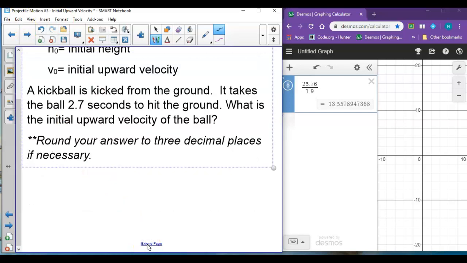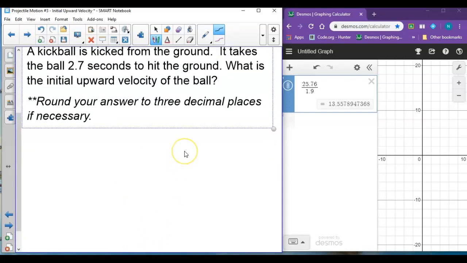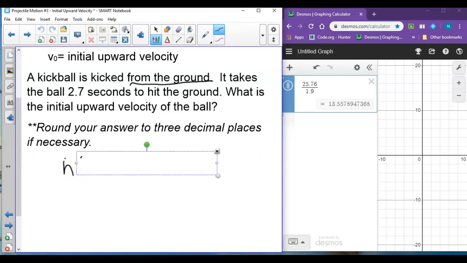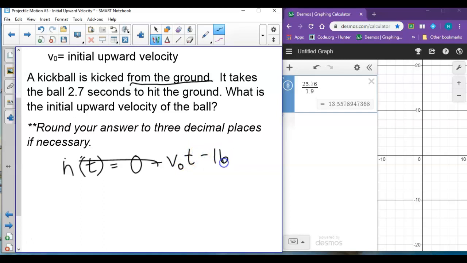So in this case, we are creating that equation, and we don't have a number for the initial upward velocity, but we do know the ball is kicked from the ground. So that tells me that my equation will look like this. h of t equals 0 plus v sub 0 t minus 16t squared.